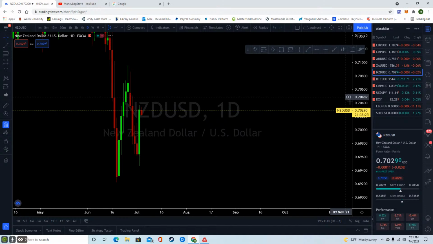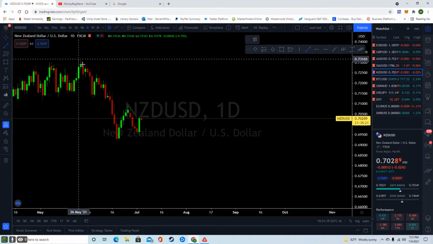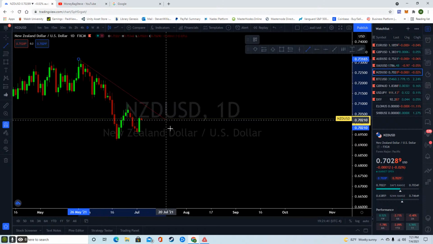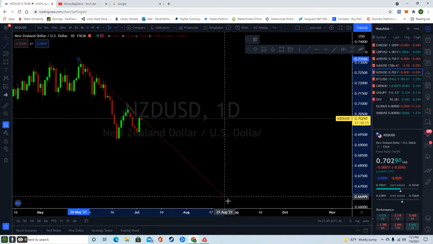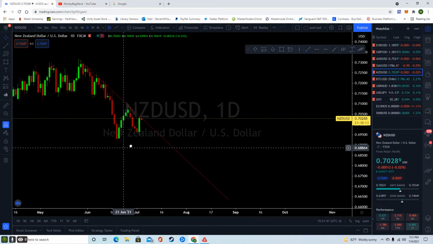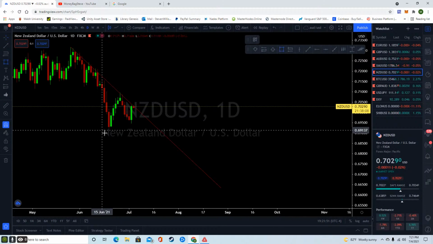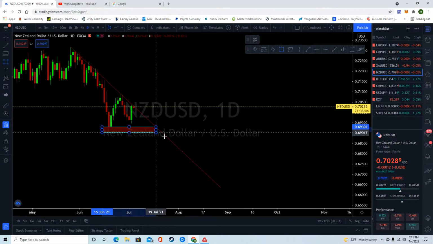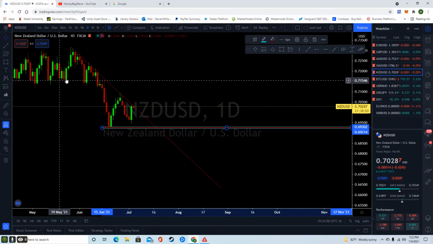All right, so we're gonna go to the daily for this. Gonna set up the same thing. Top, follow the bottom. So it's probably gonna follow that for a little bit. I'll have this here. Boom.